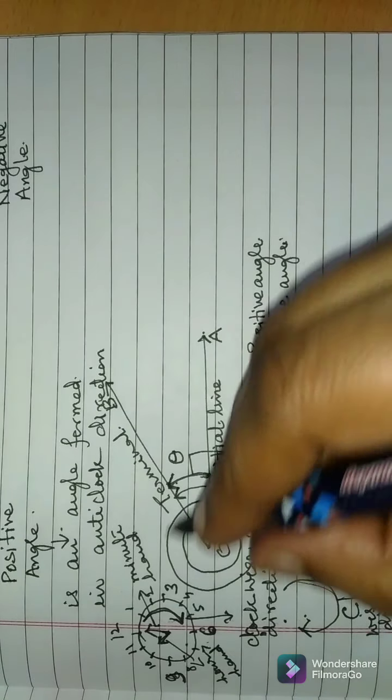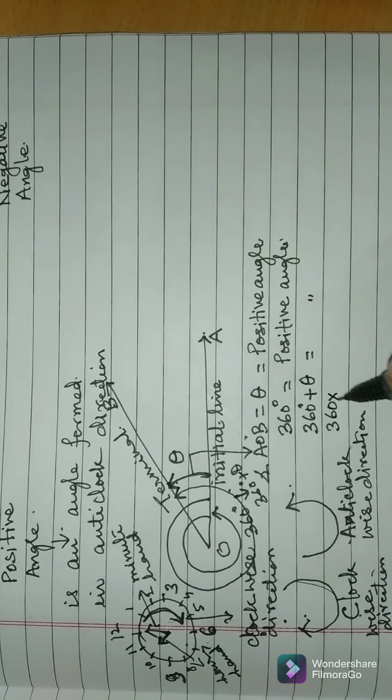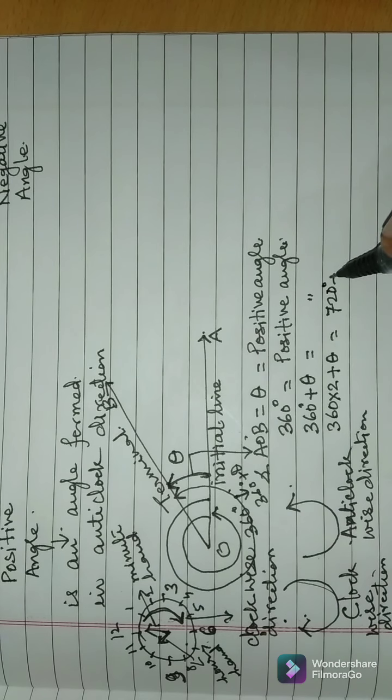If two rotations take place, then 360 degree into 2 plus theta means 720 degree plus theta. So this is also a positive angle.